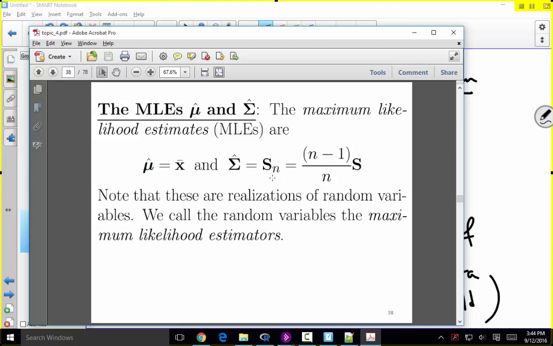The MLE doesn't divide by n minus 1. So just kind of a minor thing, but the big picture from this right now is that for the multivariate normal, we know what the maximum likelihood estimators are. So if we're willing to assume that our data are multivariate normal, we're going to have this as an option for doing inference, maximum likelihood estimators.